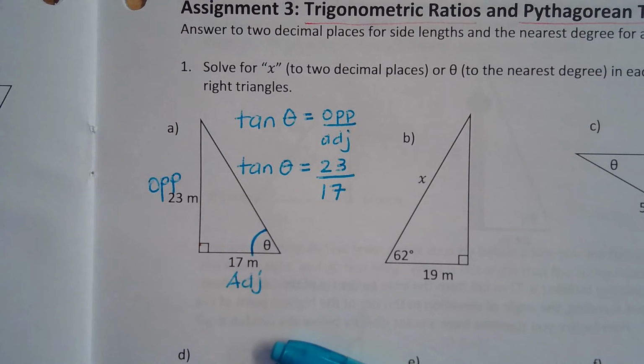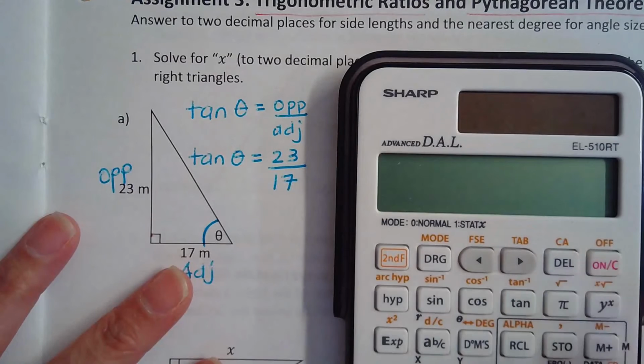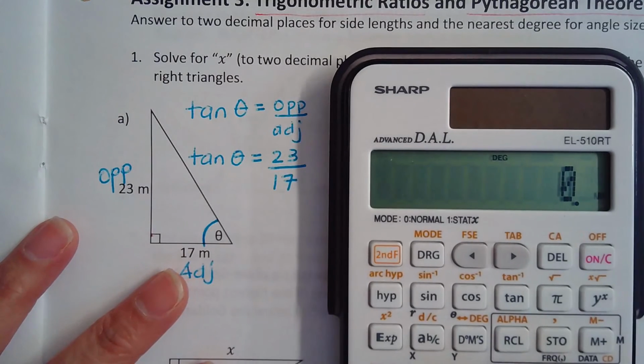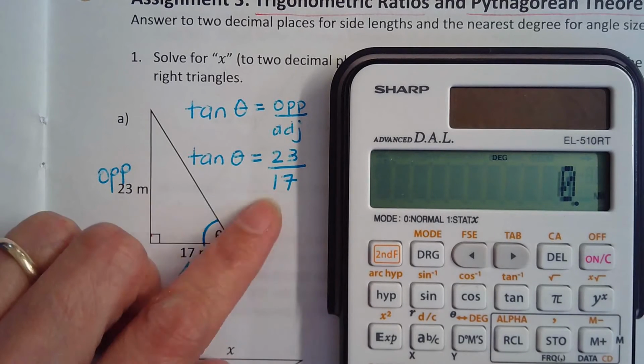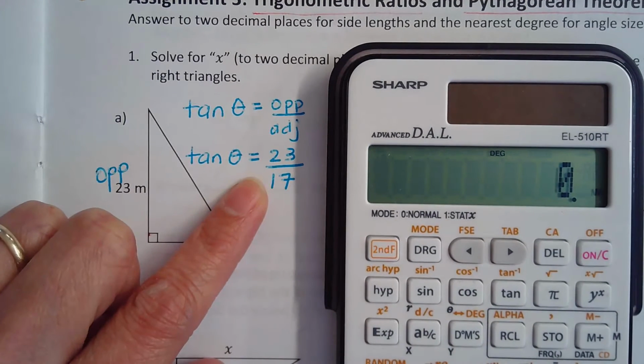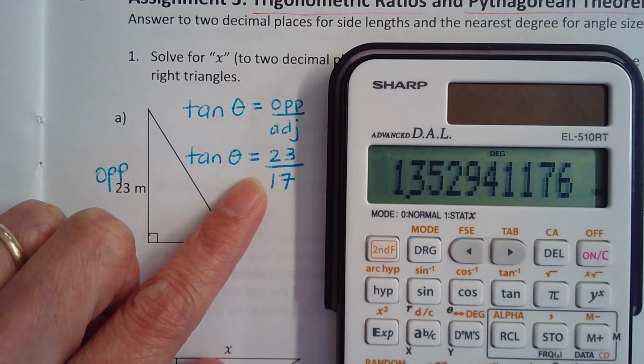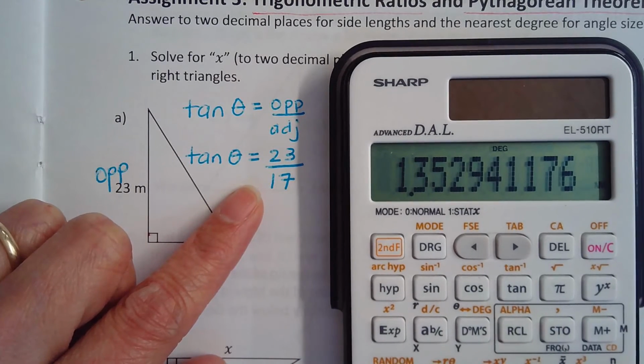We're going to have the theta by itself, on its own. So we have to make sure our calculator says degree or D. And then we're going to go 23 divided by 17. That's going to give us some decimal value.